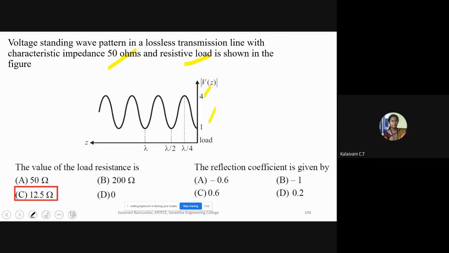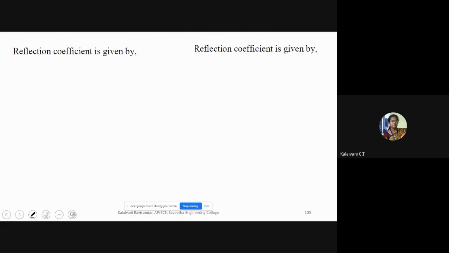And with the same data, we have the next question. The reflection coefficient is given by... The reflection coefficient is the term K. There are two formulas for reflection coefficient. Now you found the S value also. We know the values of Z0 and ZL. One formula is ZL minus Z0 divided by ZL plus Z0.